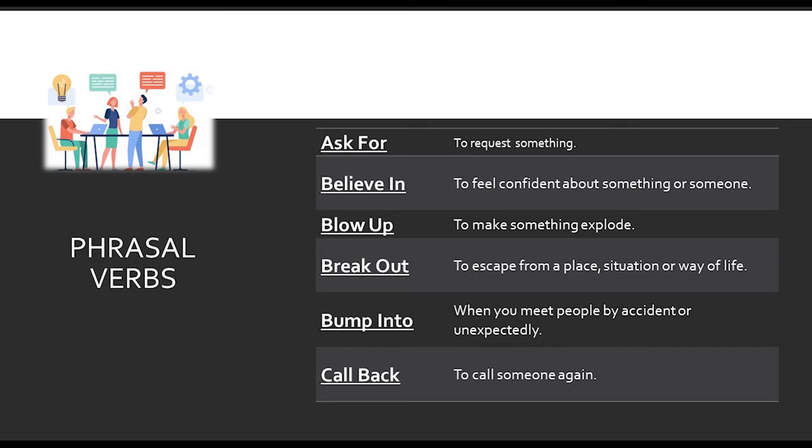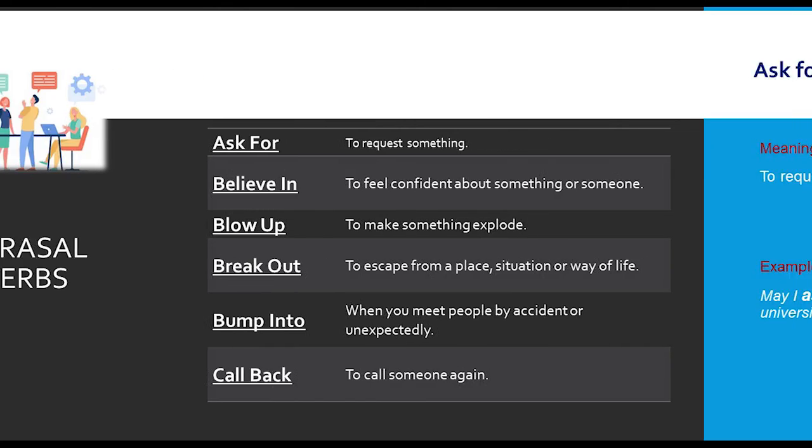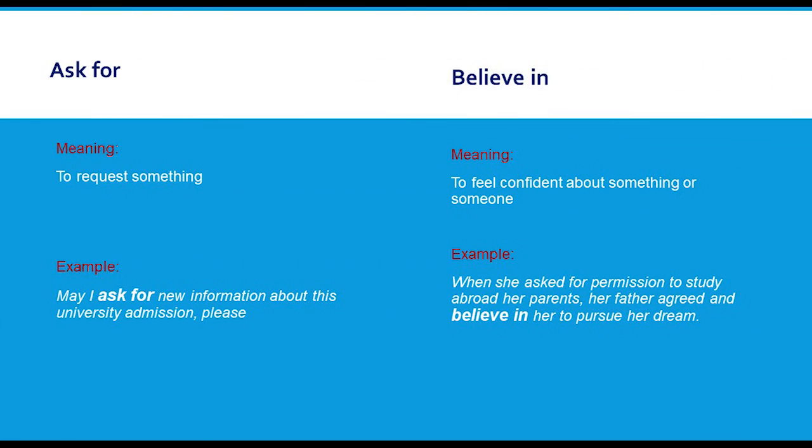Break out, to escape from a place, situation, or a way of life. Bump into, when you meet people by accident or unexpectedly. Call back, to call someone again. Let's see the example for each of them.